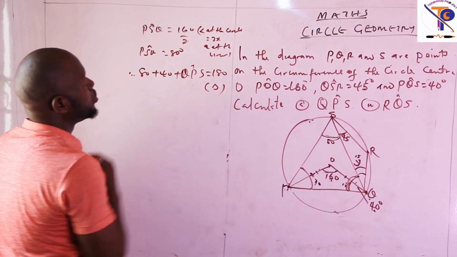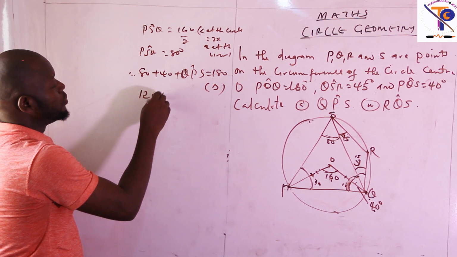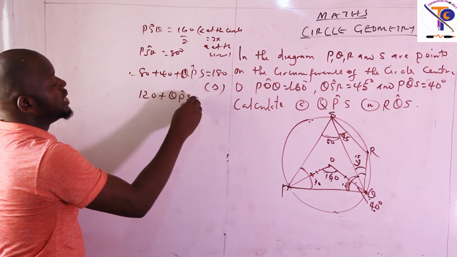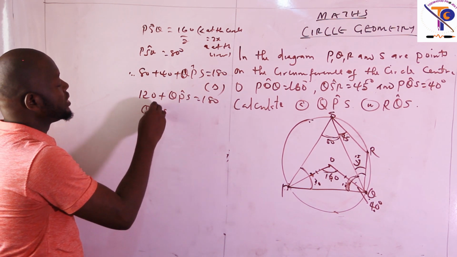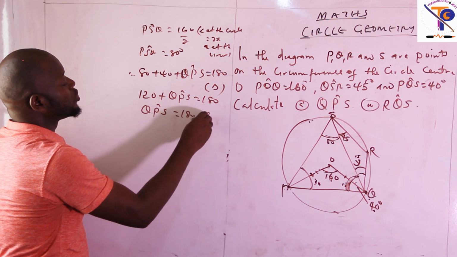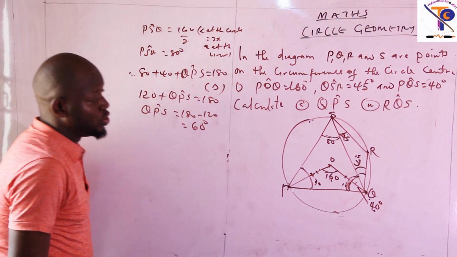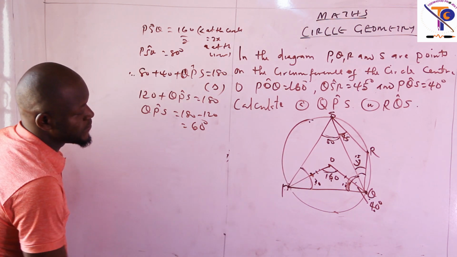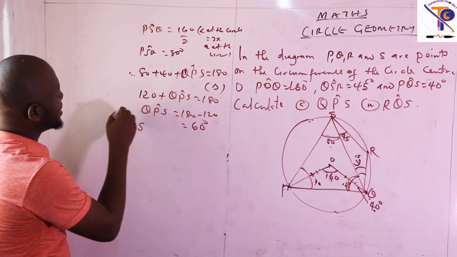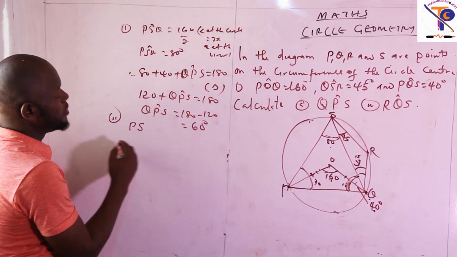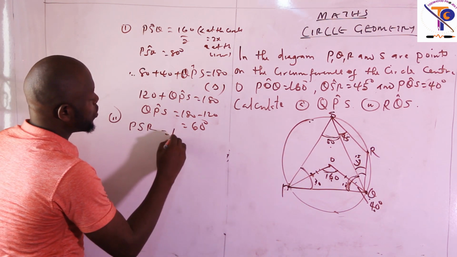Why? Triangle. So I will have 120 plus QPS now is equal to 180 degrees. So I will have QPS is equal to 180 degrees minus 120, that is 60 degrees. So this is 60 degrees. So to get our y, if this is 80, our PSR, this angle is equal to 125.